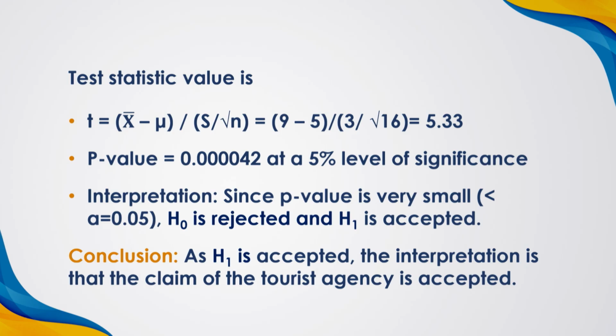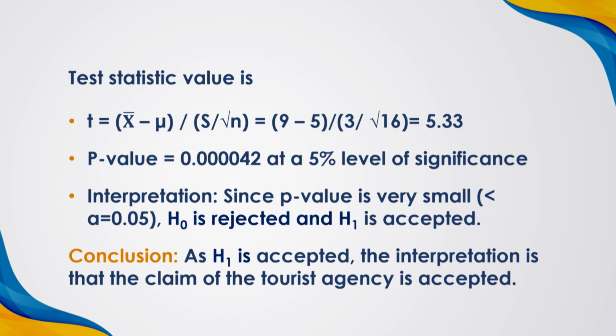Now, coming to the computation of the test statistic value, t is calculated and the value becomes 5.33, and the p value is 0.00042 at 5% level of significance. You can get these values from standard statistical software packages.